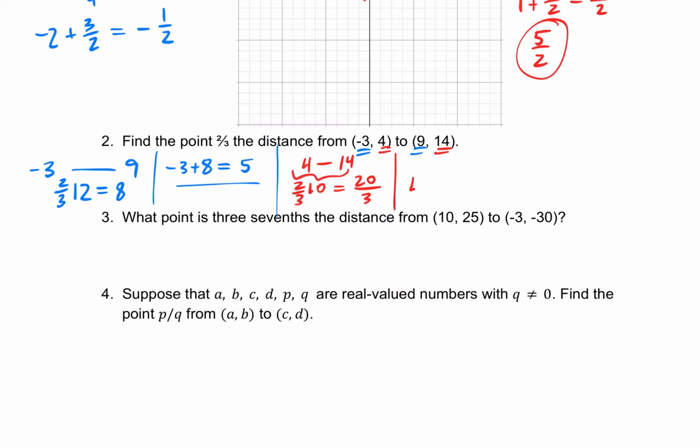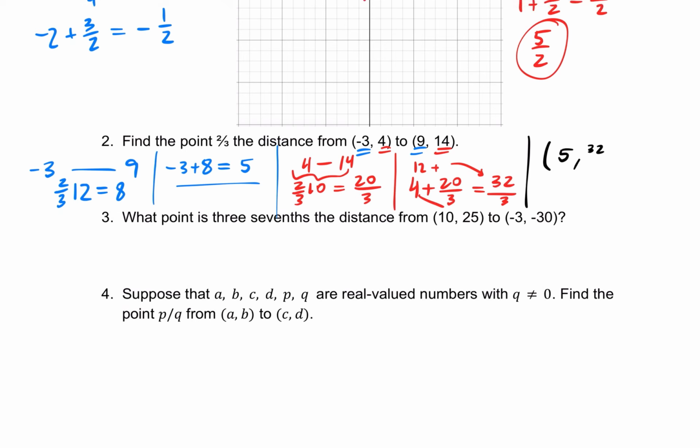And then I want to start at 4 and then move over 20/3, which is 32 over 3, just because 4 times 3 is 12, and then plus 20 would be 32/3. All right. So for my final point, it's going to be 5 for my x direction in my work in blue, and then my work in red, we got 32 over 3.